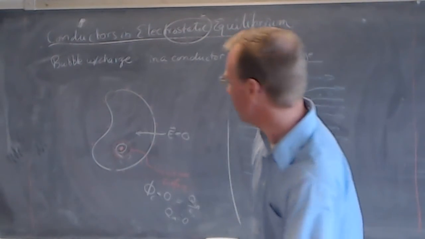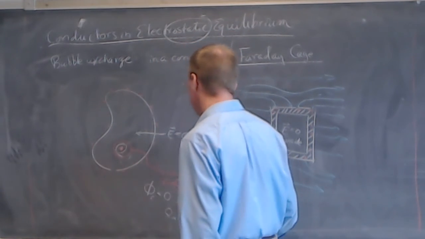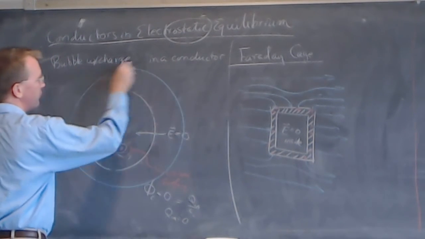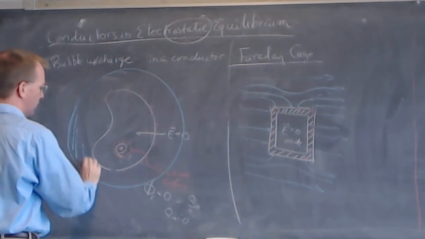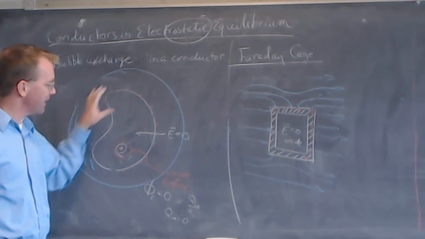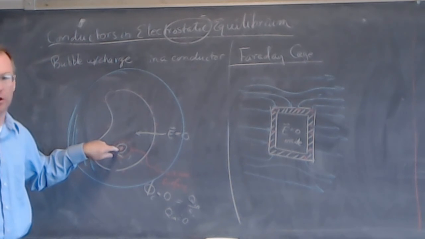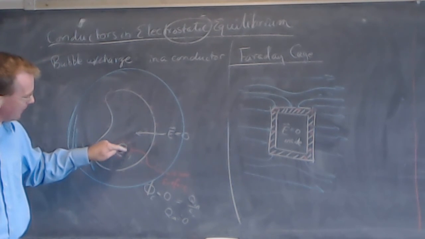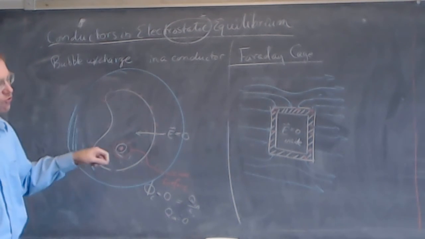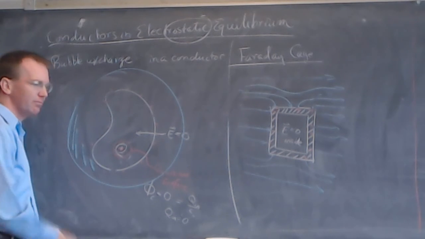And the neat little thing is then, that despite all this complex distribution of charge, if you take a Gaussian surface surrounding the whole thing, what's the net charge inside this Gaussian surface? That little piece right there is the only net charge. Because the amount of negative charge on the interior surface is equal to the amount of positive charge on the exterior surface, which add up to zero, leaving you only this.